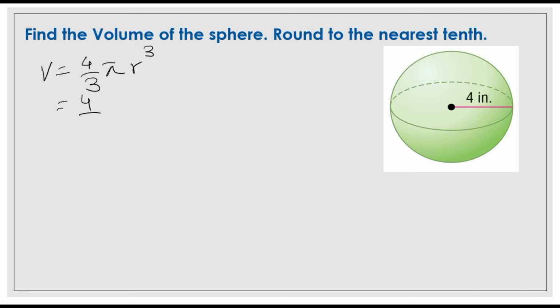So 4 over 3 pi times 4 cubed. If you use the calculator, it will be 268.1 inches cubed this time.